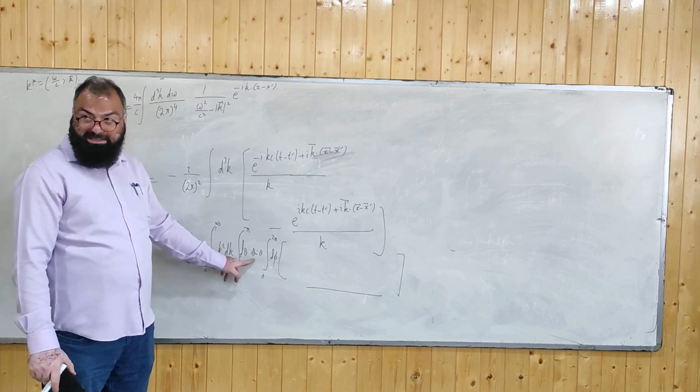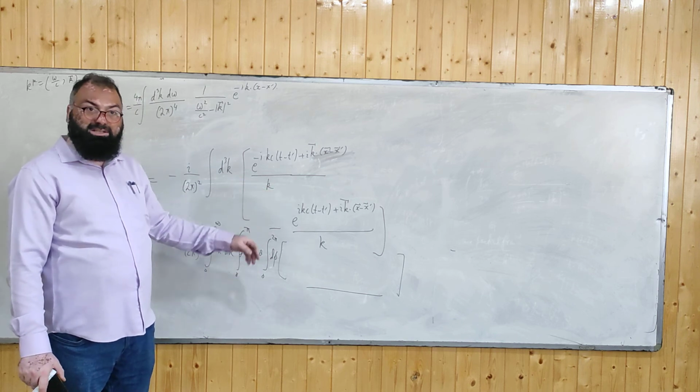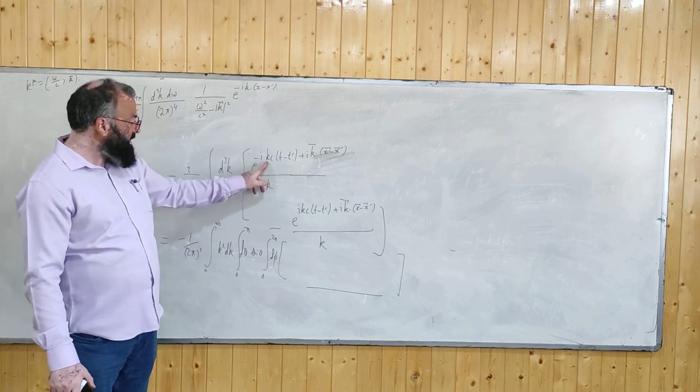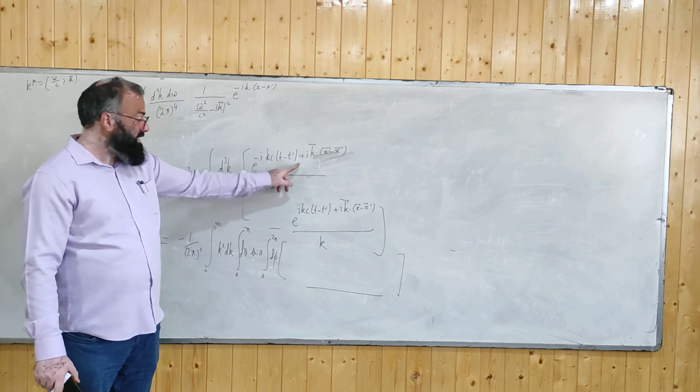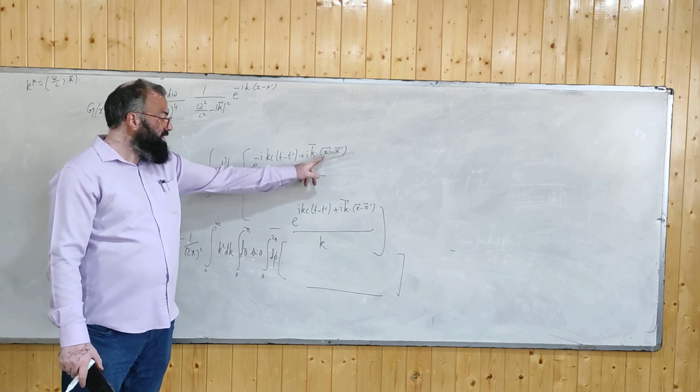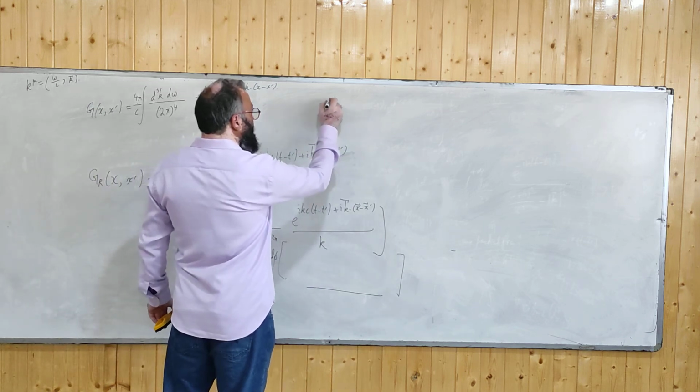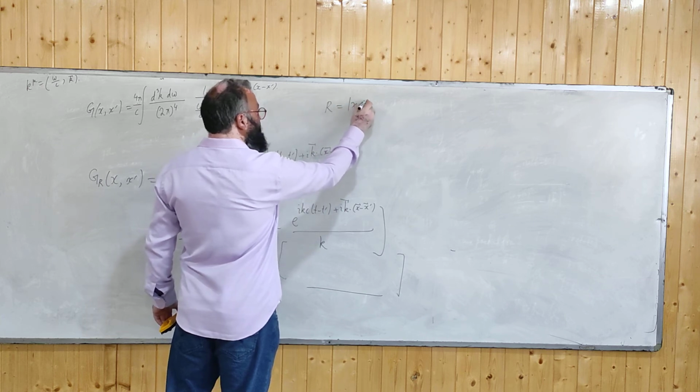I will not evaluate this integral, these integrals you have been doing. Then you are having d theta sine theta. Look here, you are having kc (t minus t prime) plus i k dot x. Let's write r as the magnitude of x minus x prime.